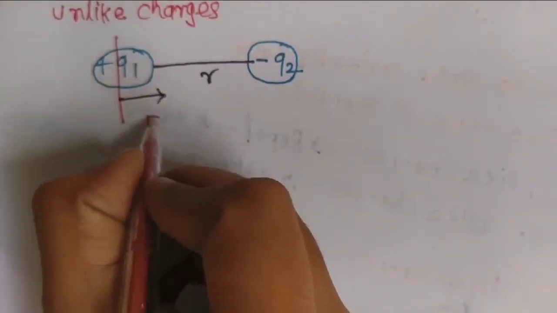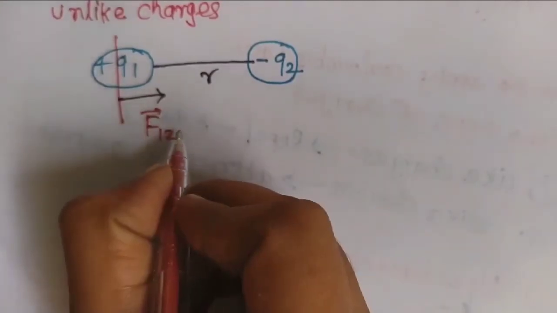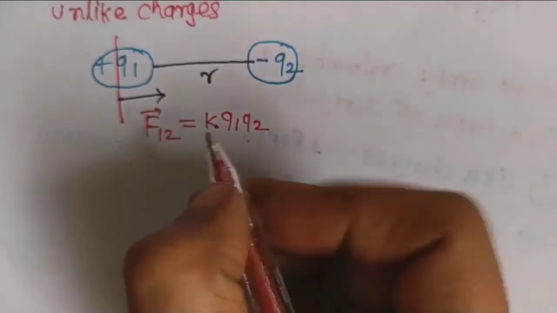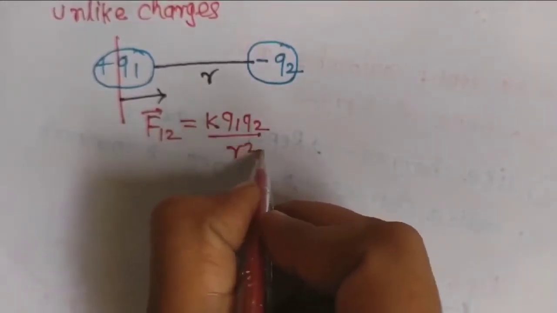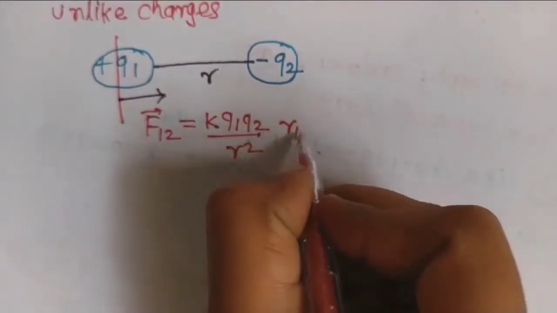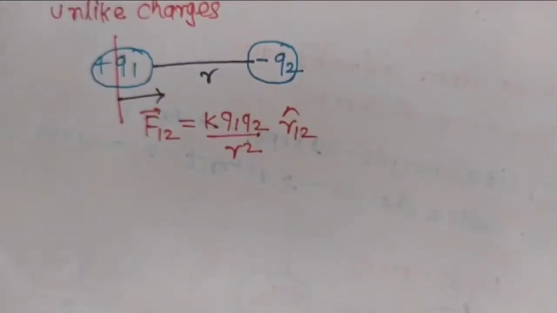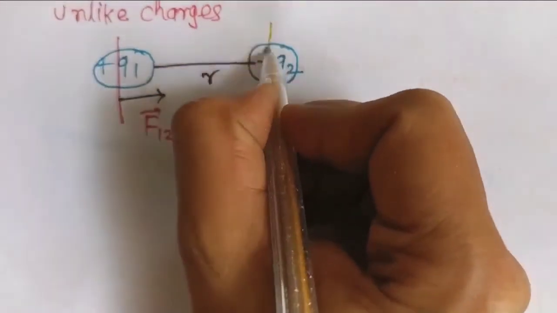Both charges are opposite, therefore they attract each other and the direction is towards the charge minus Q2, and the force F12 is equal to K Q1 Q2 upon R square R12 cap.